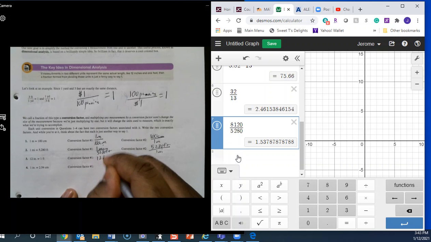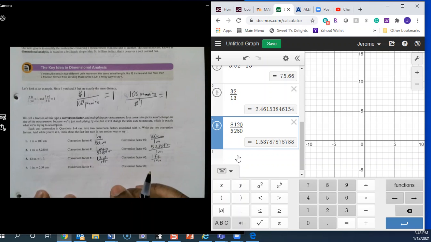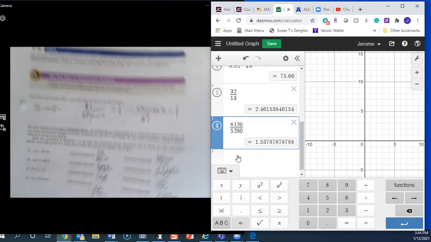Next, we had 12 inches over 1 foot, or 1 foot over 12 inches. Here we have 1 inch all over 2.54 centimeters, or 2.54 centimeters all over 1 inch. All of them mean the same.